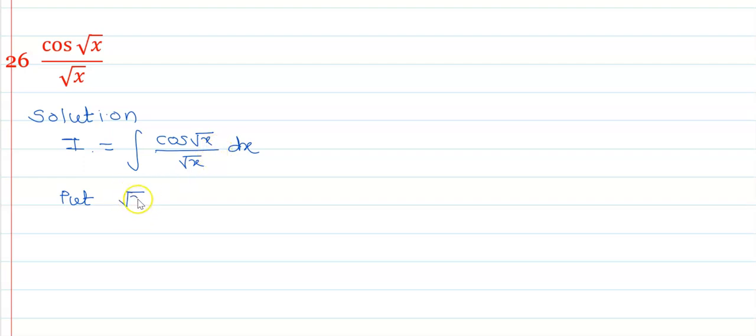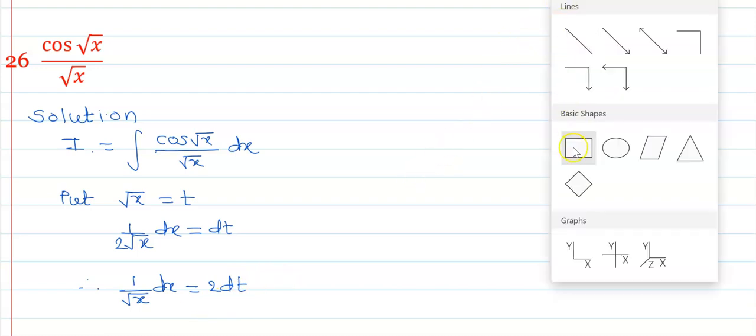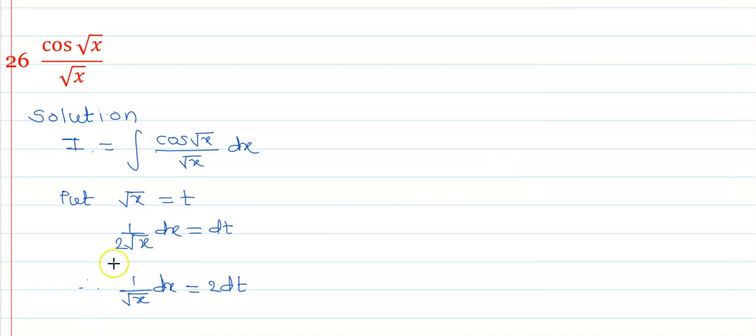Therefore put root x is equal to t, its derivative is 1 upon 2 root x into dx is equal to dt, and therefore 1 upon root x into dx is equal to 2 dt. And this is the important part.